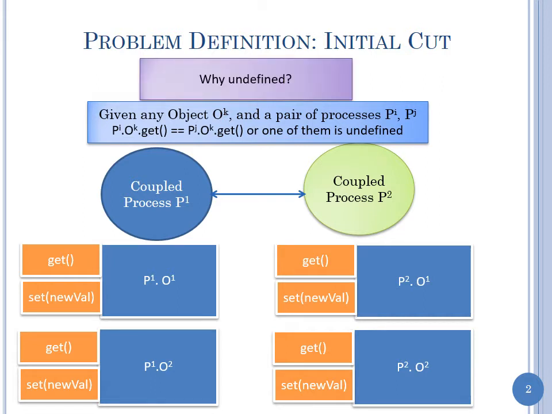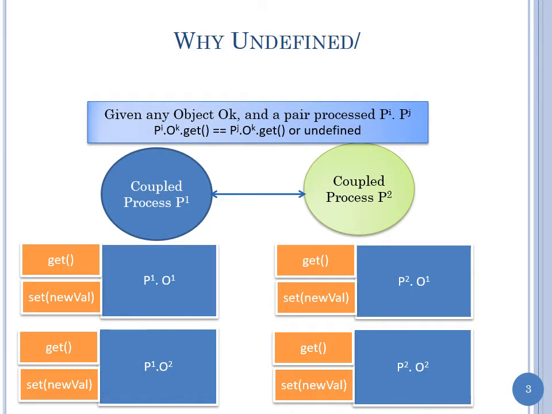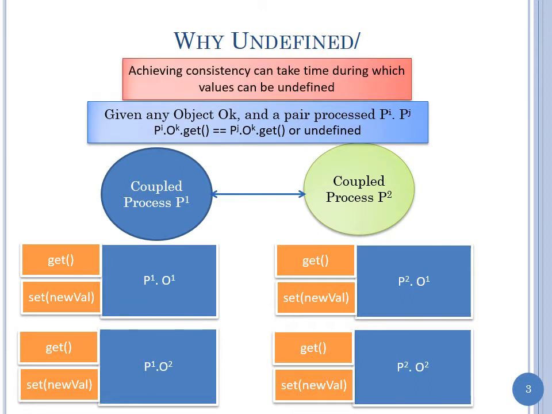The first question we'll start off diving right away into is why undefined? I mean, it makes sense for them all to return the same value, but why would you accept the get functions returning undefined in the various processes? Okay. So why undefined? Achieving consistency can take time.